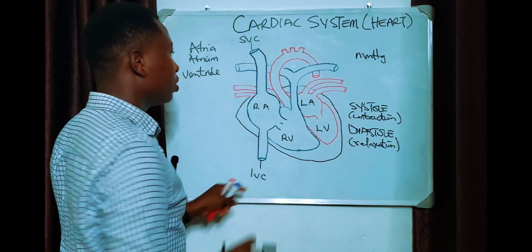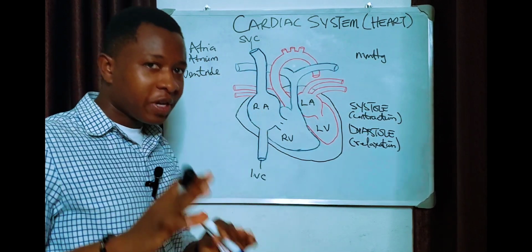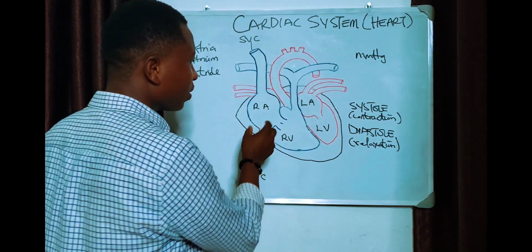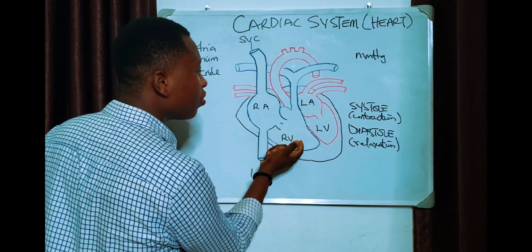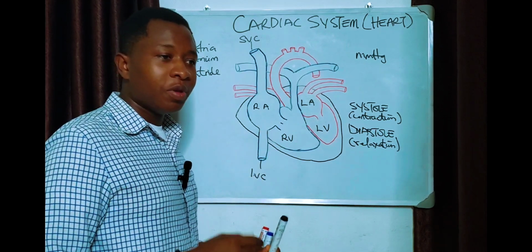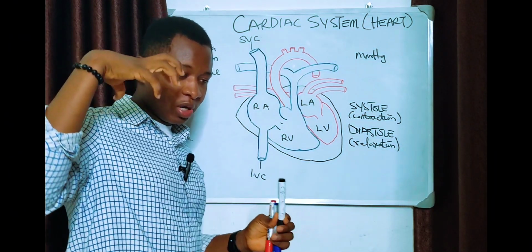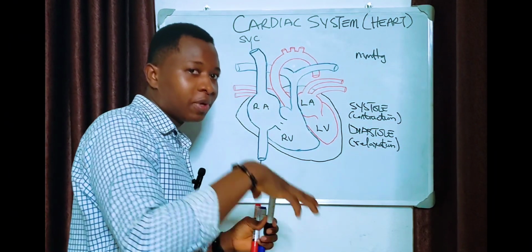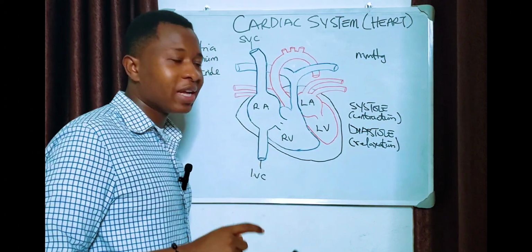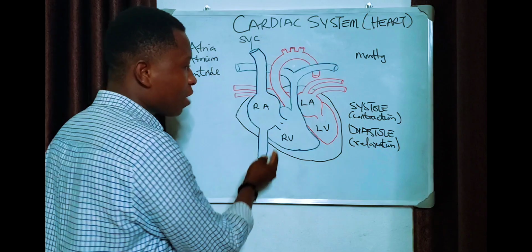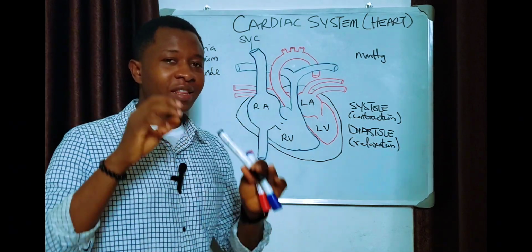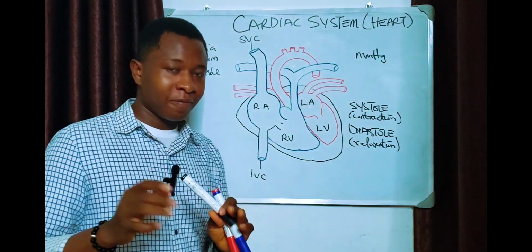When it comes to the right atrium, the first chamber of the heart, the blood will move from this chamber to the lower chamber. So it's just like a step. The blood enters and it moves down to the lower chamber, which is the right ventricle. Now, it moves through a door. This door is referred to as the valve.